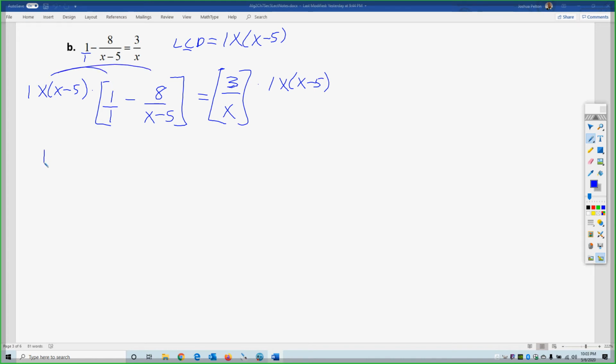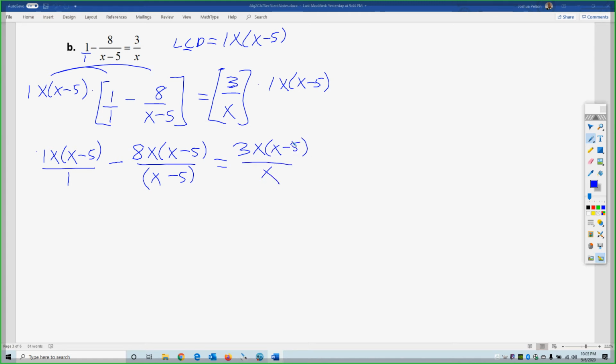I get 1x over x minus 5 over 1, which doesn't really matter, the 1, minus 8x, x minus 5 over x minus 5 equals 3x, x minus 5 over x.